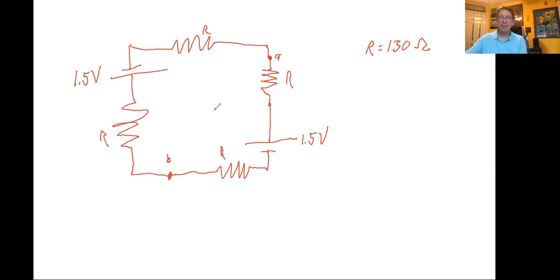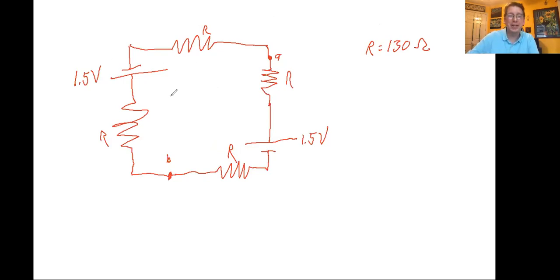Now, you might look at this and guess what the answer has to be. But for the sake of argument, we'll do it the mathematically formal way, because if the values for R were different from each other, it wouldn't work out so simply.